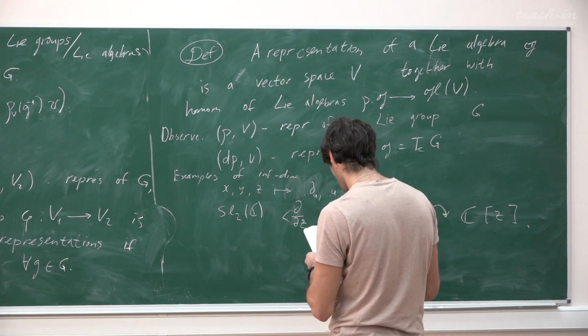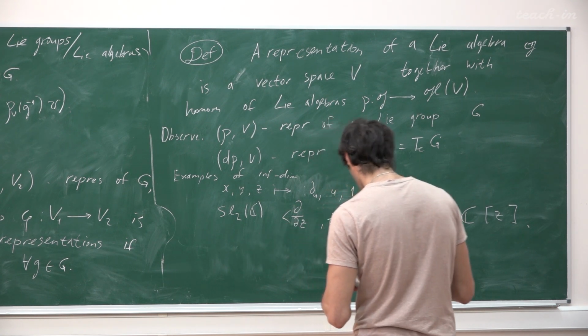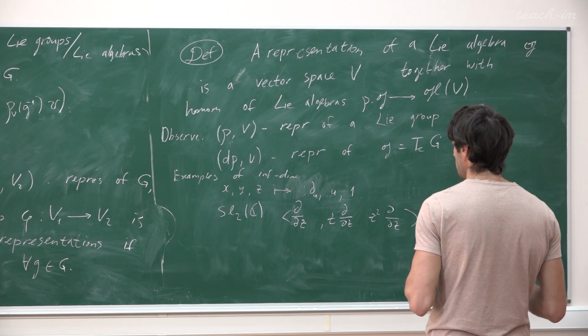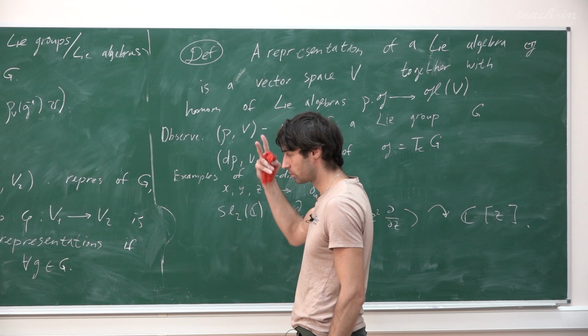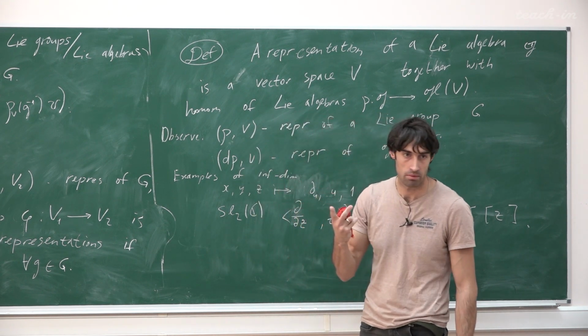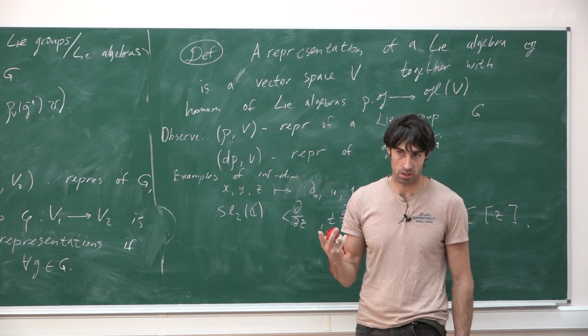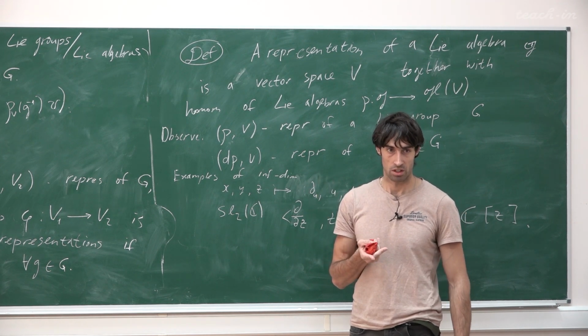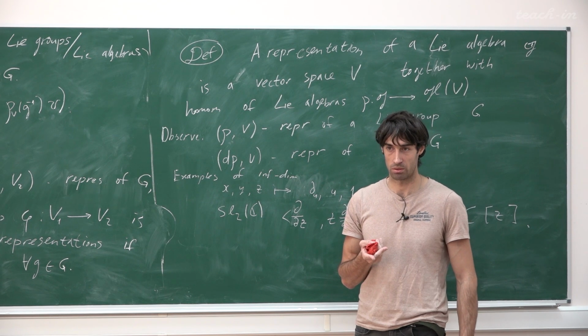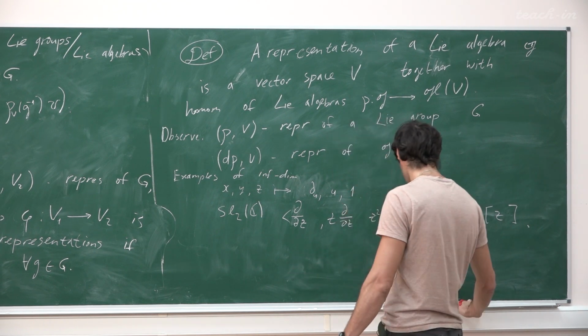The last thing I would like to do is just to write this down. Again, if I have two representations, I can form a sum, I can form a tensor product, and I can form a dual representation. Let me just give you formulas for how it works, which you can of course deduce yourself.